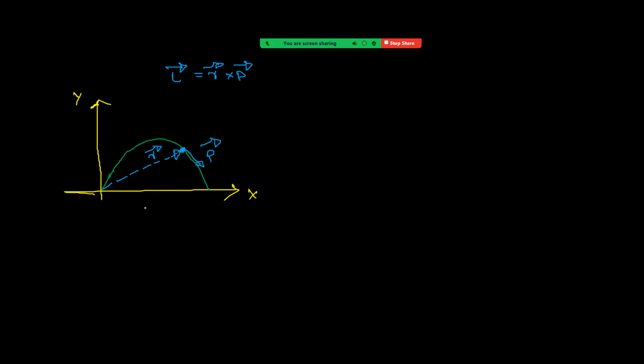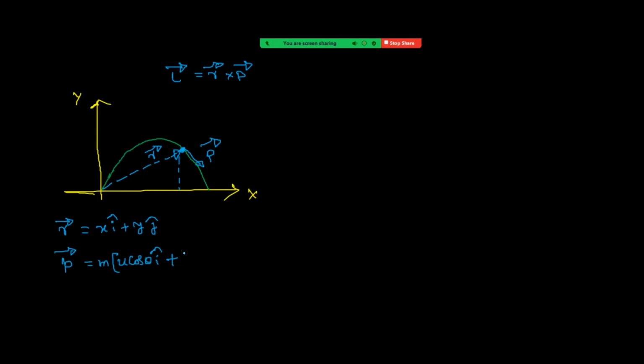Now R bar means x i cap plus y j cap. P bar is m into u cos theta i cap, because the horizontal component of velocity is constant.